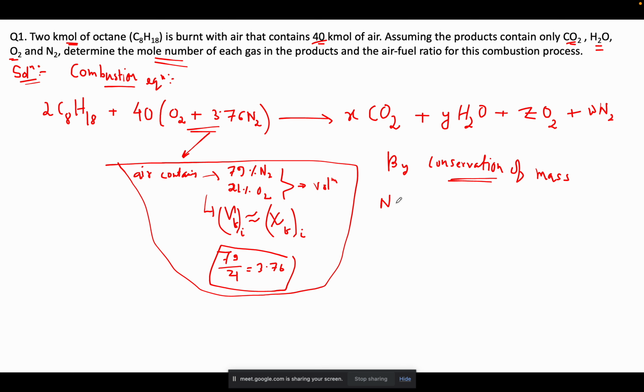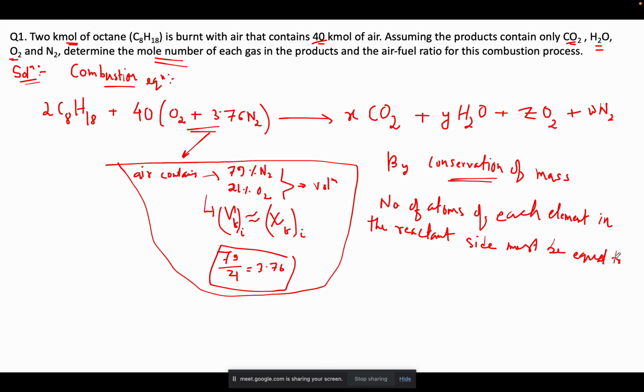Okay, so that means the number of atoms of each element in the reactant side must be equal to that in the product side.